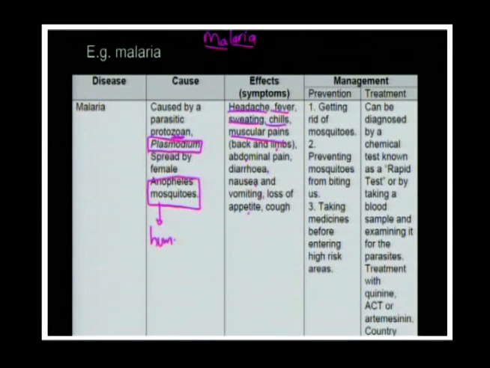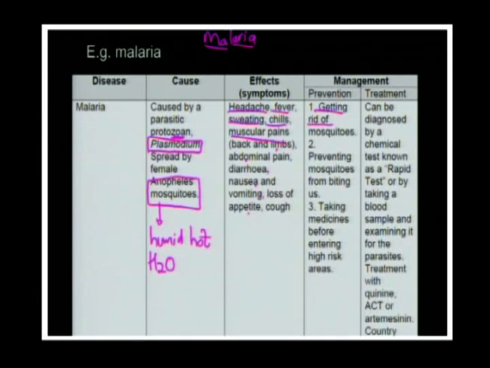Because the Anopheles mosquito tends to like to live in humid areas where there's lots of water around and it's nice and hot, there are certain basic measures that you can take in order to prevent yourself being bitten by an Anopheles mosquito. Firstly, try and get rid of them.